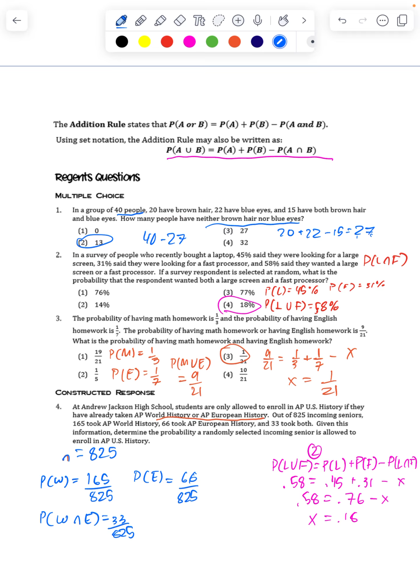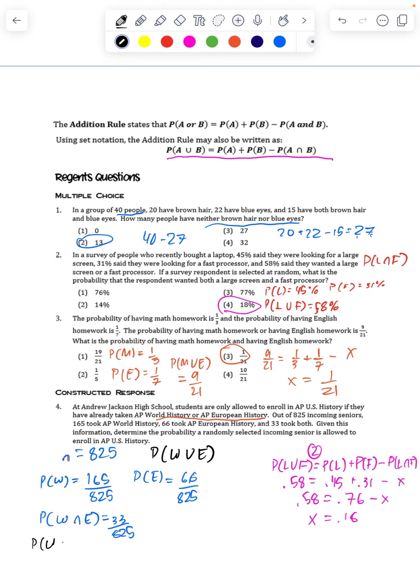So this is basically asking, any student who's taken either course can go to AP US History. So this one's a little different. What we're looking for here is their union. We're looking for P of W or E, right? And we don't have that. So let's set up our equation.